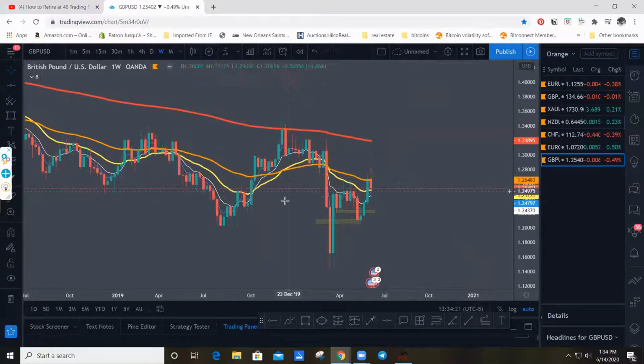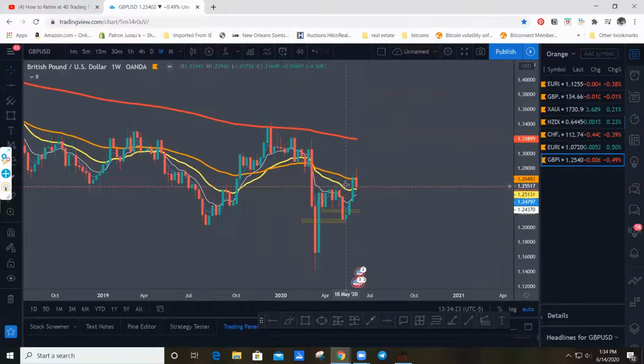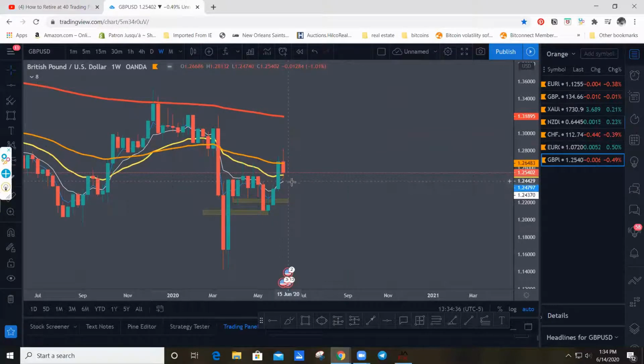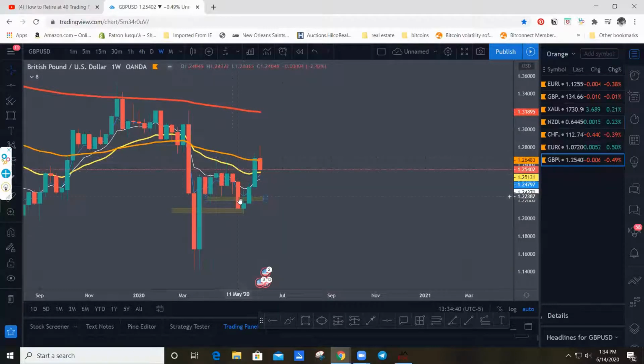Caught in between them two right there. So it came and rejected that 20, that 50, and it's resisting, and it's supporting that 20 on a weakness. But the overall push is to the upside. So I'm just seeing this bad boy consolidating in this area.